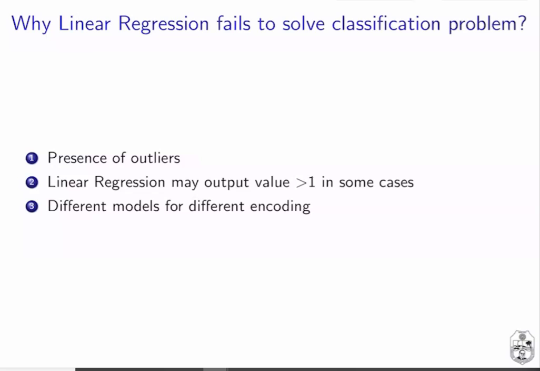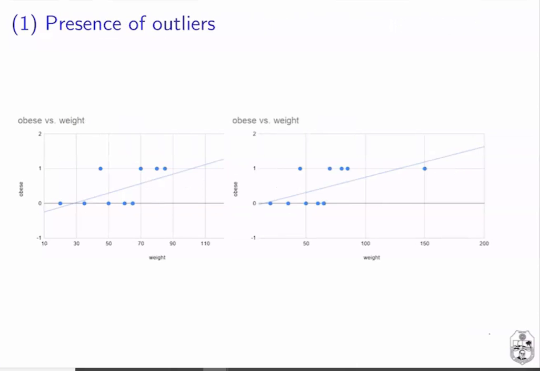But this strategy fails most of the time, and there are three situations where it fails: presence of outliers; linear regression may output a value greater than 1; and different models for different encodings.